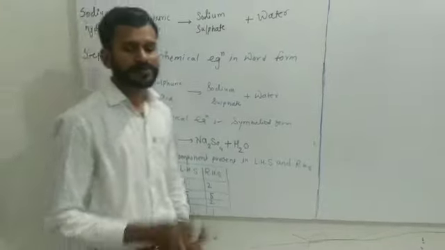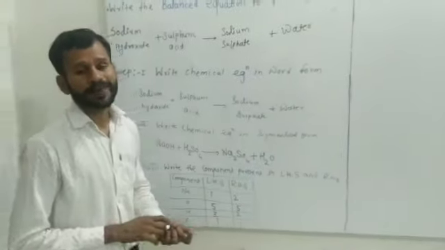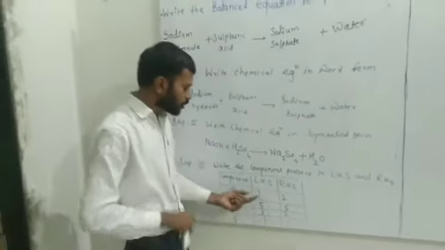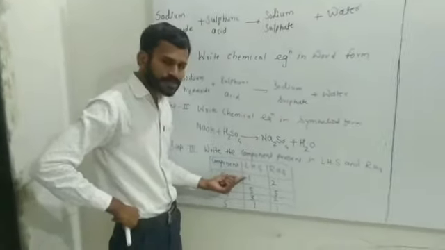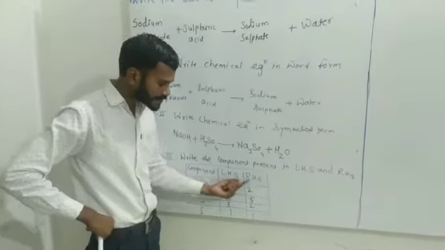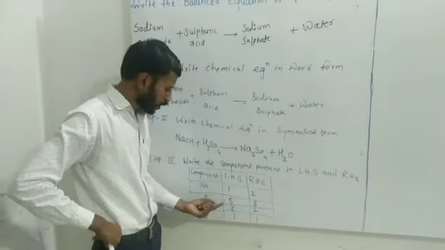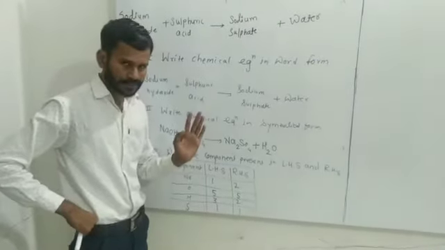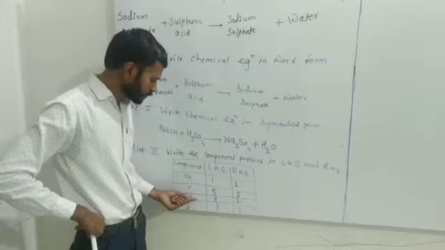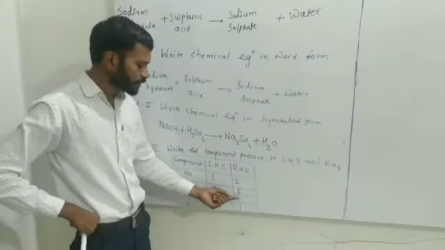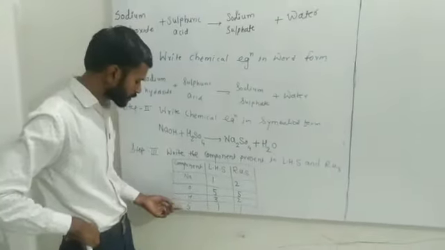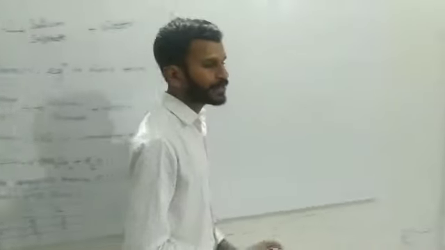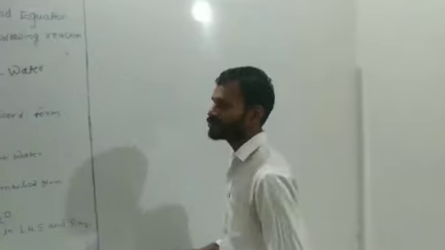So this is an unbalanced chemical equation. Sodium is 1 versus 2, oxygen 5 is balanced, hydrogen 3 versus 2 is unbalanced, and sulfur is balanced. So we need to balance the equation using some steps.